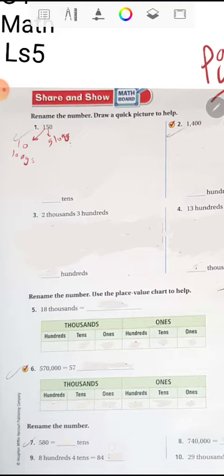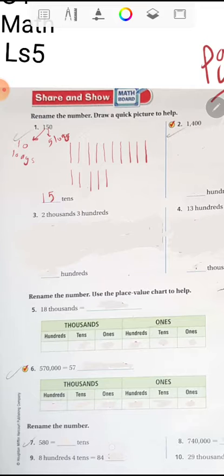So I draw longs like this: 1, 2, 3, 4, 5, 6, 7, 8, 9, 10. These are the 10 longs that describe the 100, and 1, 2, 3, 4, 5 are the 5 longs that describe the tens digit. So how many tens do I have in 150? You can count the longs. It will be 15 tens.